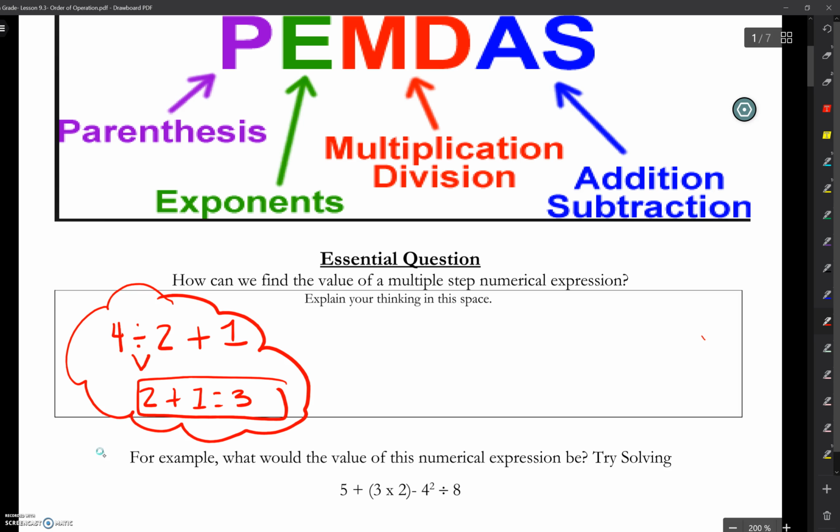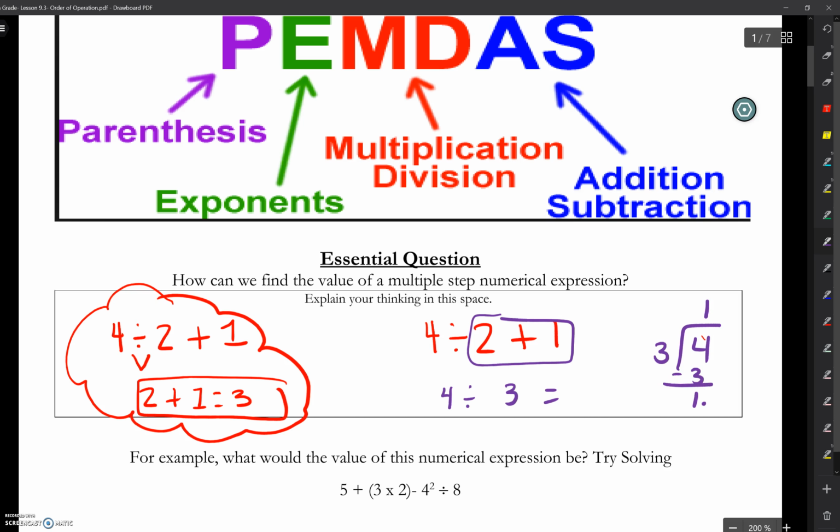But somewhere in the world, if we did not have a correct order of operation, somebody else could solve it like this. 2 plus 1 is 3. 4 divided by 3 equals 1.333.